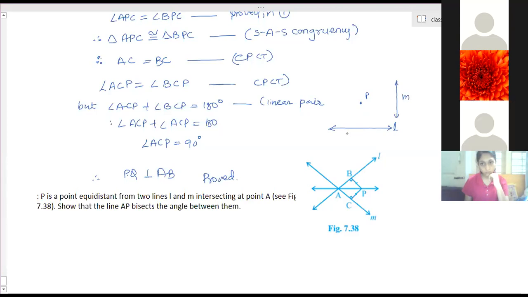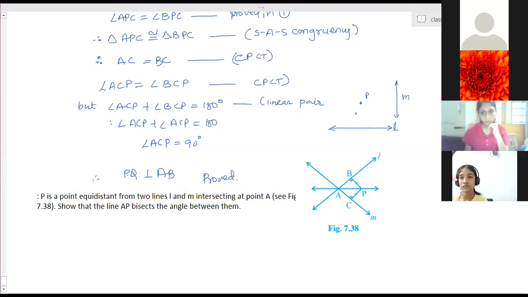So how to find out that P is equidistant? For that, we need to draw a perpendicular on L and a perpendicular on M. These distances are equal. So therefore, from point P, we have drawn BP and PC as perpendiculars, and those perpendiculars are equal.